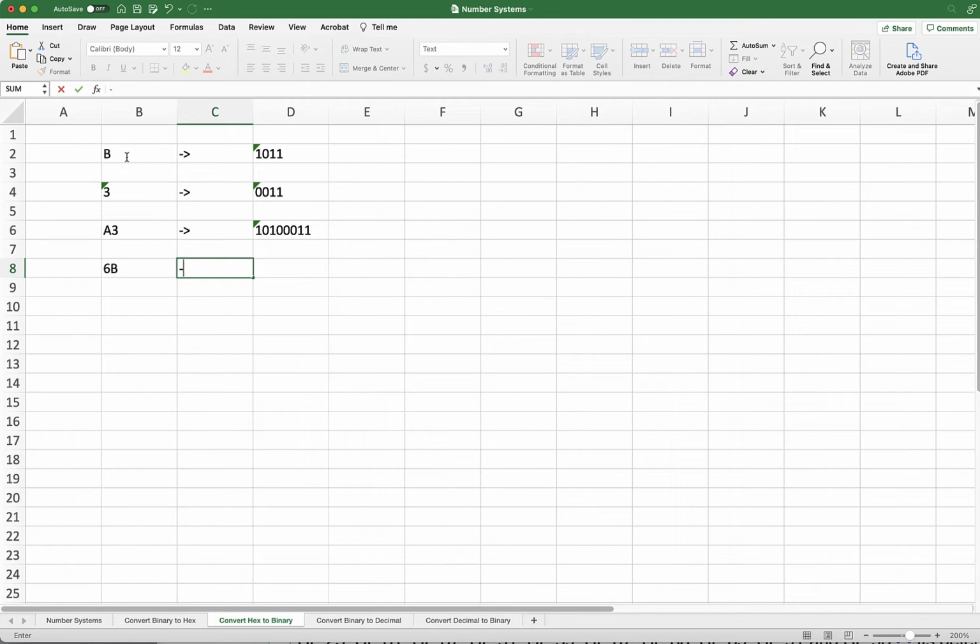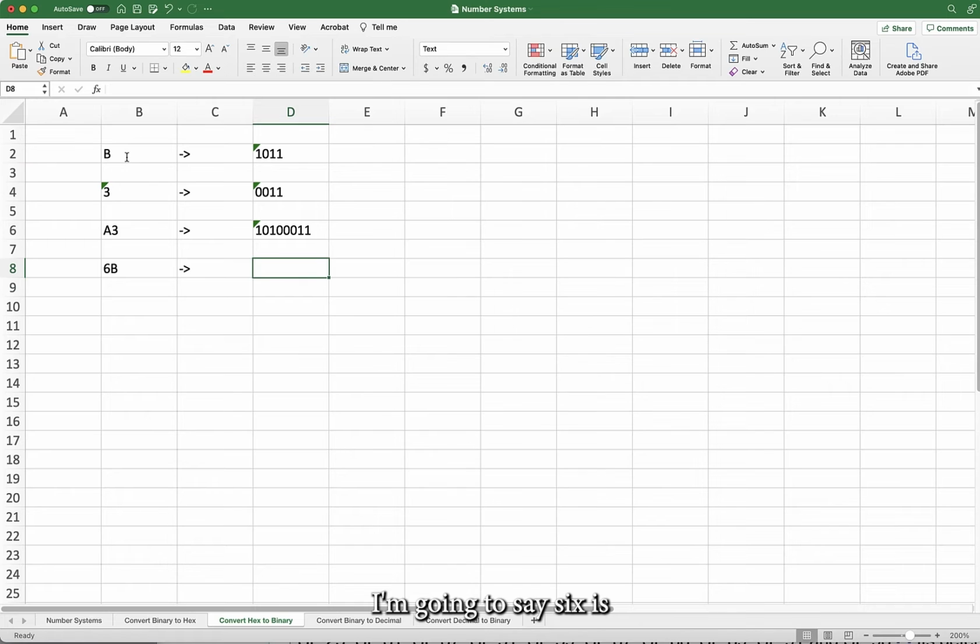So, going from the left to right, I'm going to say 6 is 0110 in binary, and B is 1011. So now I've converted 6B to binary.